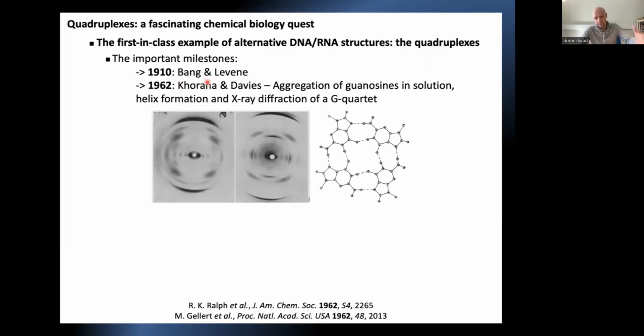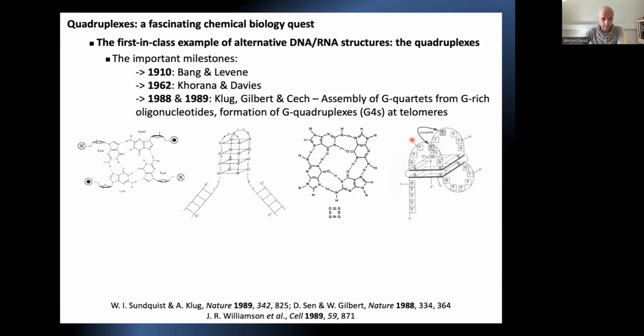There was also some kind of UV investigation performed in Corona as well in 62. But we obtained the firm demonstration that guanine can self-assemble and form a quartet, and then the quartets stack upon each other to form some columnar gels. So the basic building block of the quadruplex was discovered in 62.